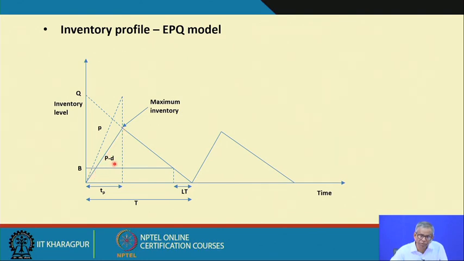The rate is P minus d, and once the TP is over, that means you have the entire production quantity produced, and subsequently you start consuming it, but at a demand rate of d. So this is the maximum inventory, and this is one order cycle or production cycle, and similarly such production cycles repeat. Is it okay?